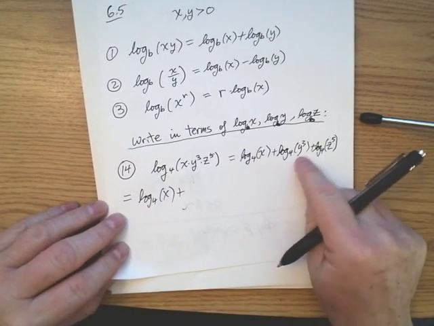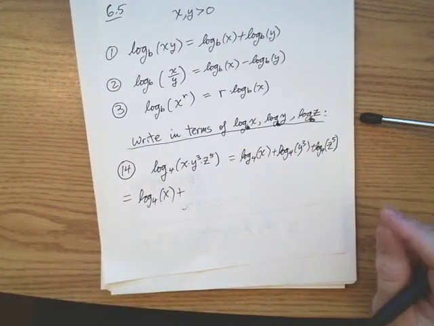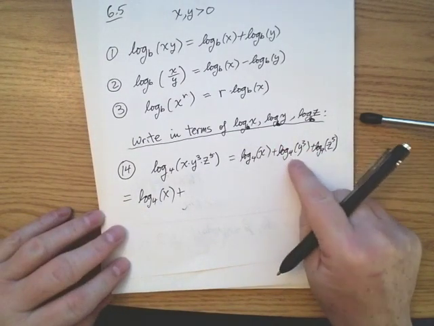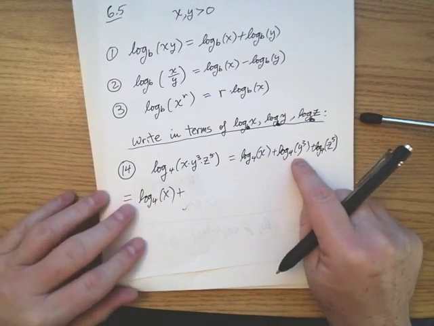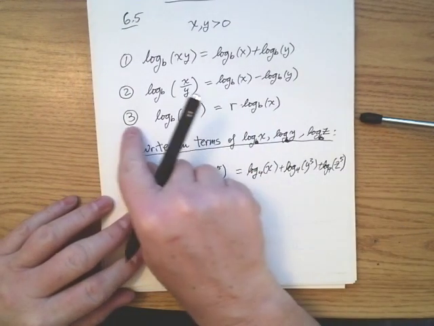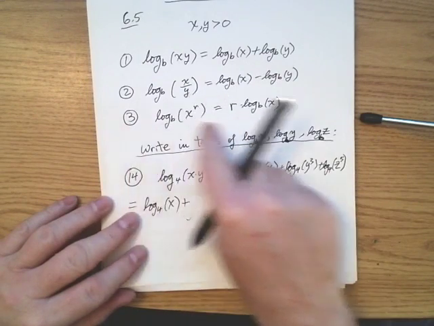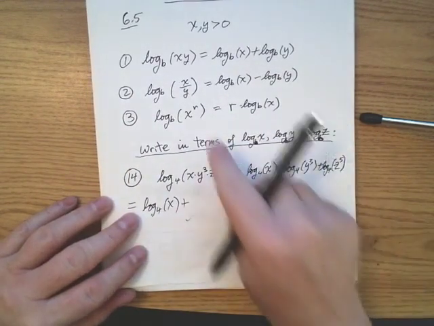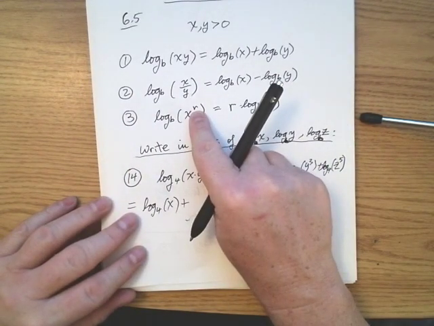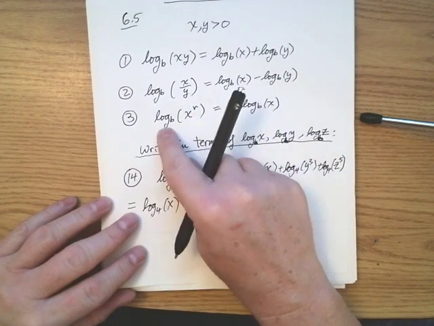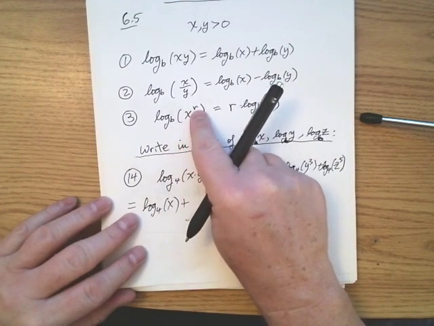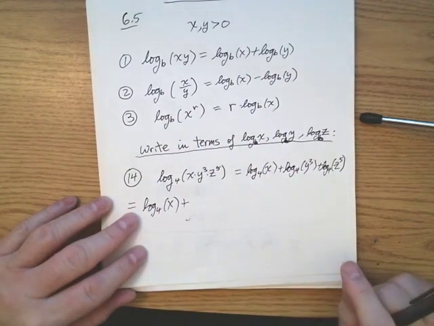Logarithm base 4 of y cubed. How can I write this strictly in terms of the logarithm base 4 of y? Well, I'm going to use this third property here. We were calling that the exponential rule, actually, previously. I can bring the exponent. If I'm taking the logarithm of an exponential, I can take the exponent out front as a multiplier, right?